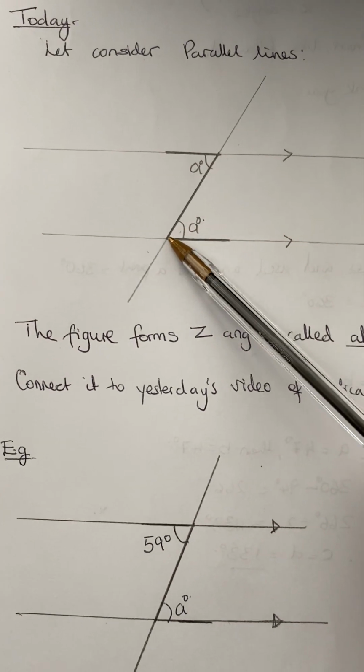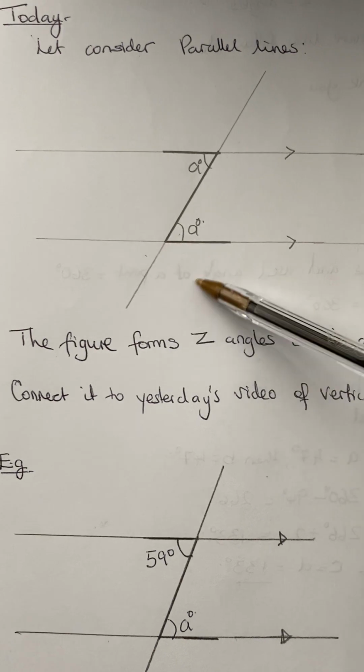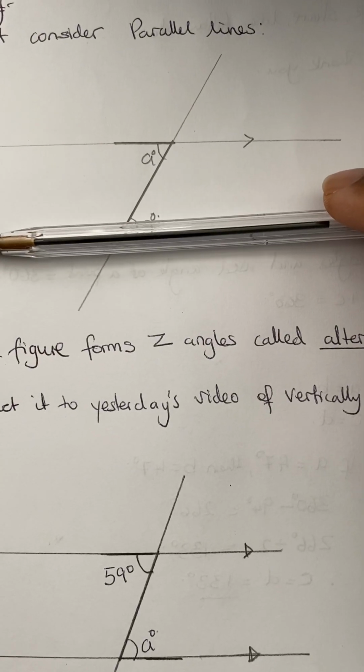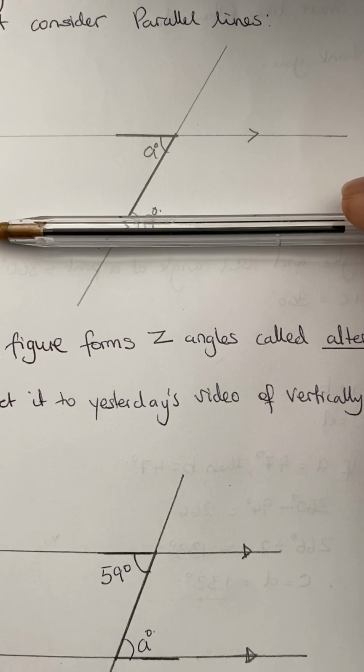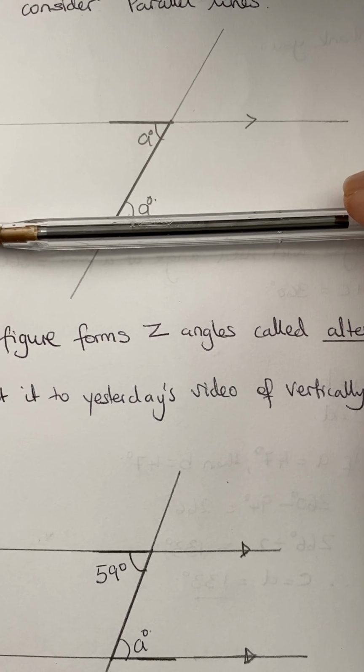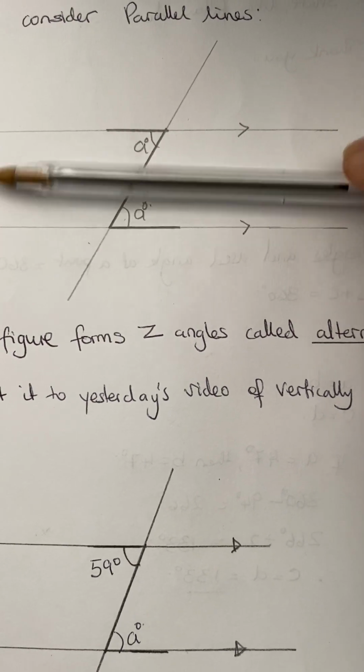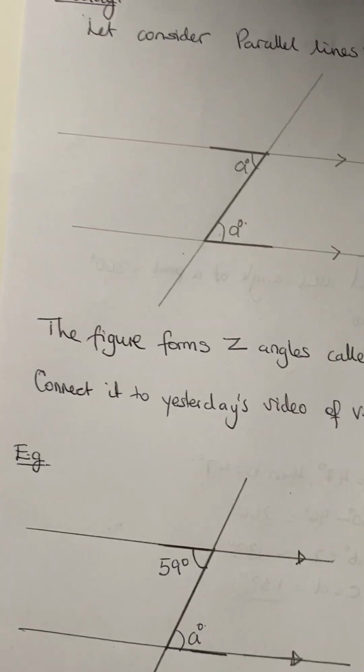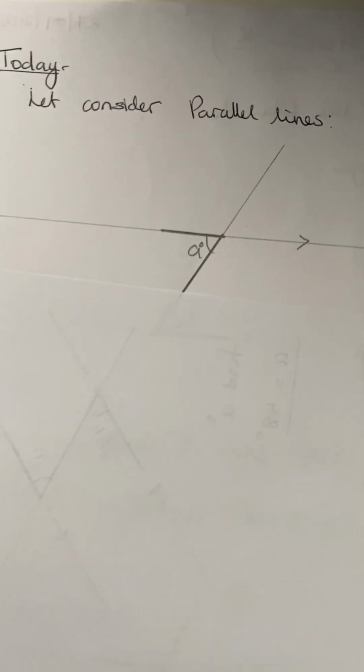Now look at it carefully from what we've done. Assuming I cover this side, from yesterday's video, the top part here, assuming I use this to cover this side, what do we get? What we saw yesterday, vertically opposite angles.